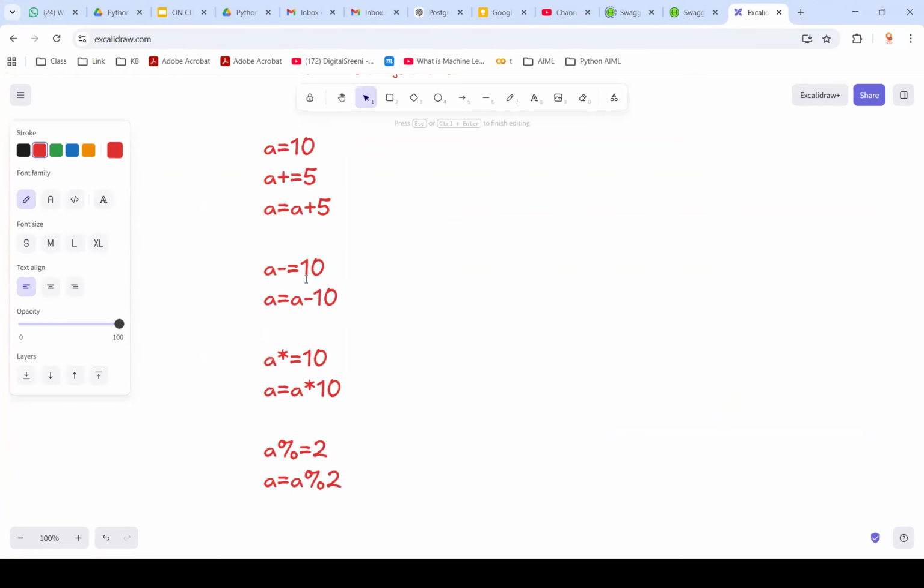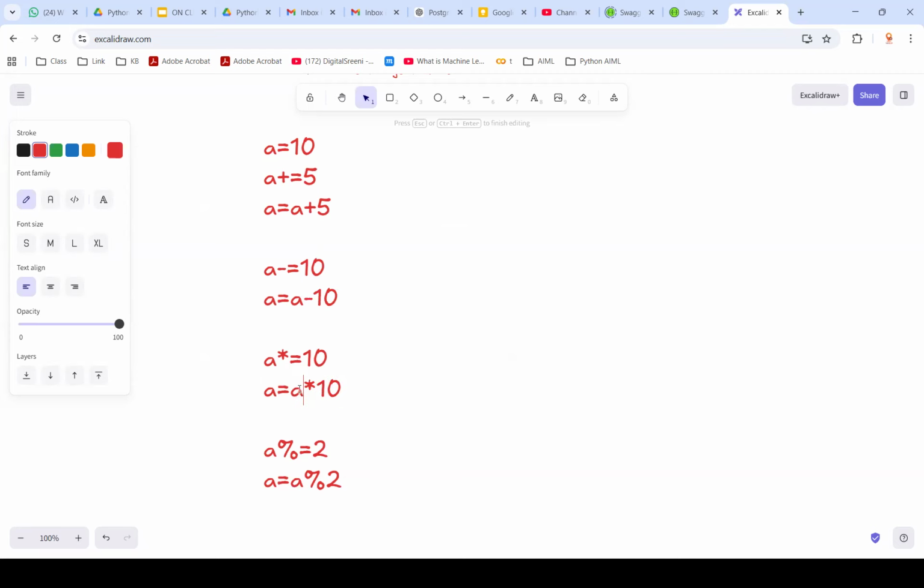Let's suppose if you want to subtract 10 from A, you can write A is equal to A minus 10. You can write here A is equal to A into 10.